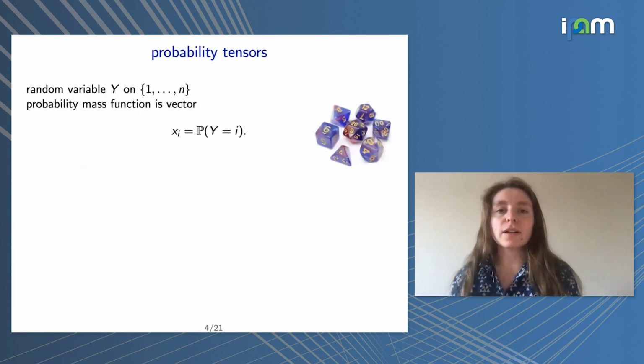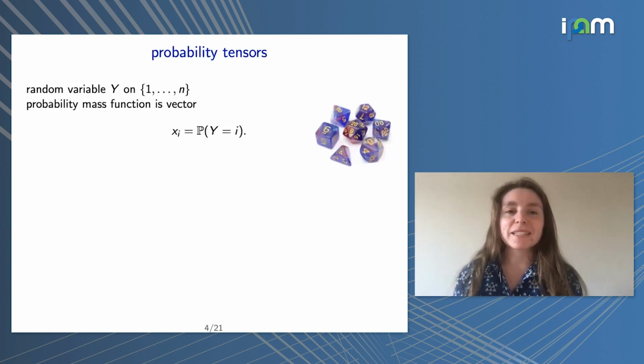All right, so I'll start with some probability tensors. The starting point for this is we have some random variable, let's call it y, and it takes values in a finite set, which I can call the numbers 1 up to n.